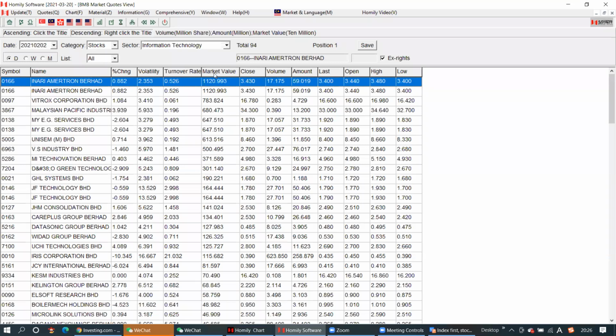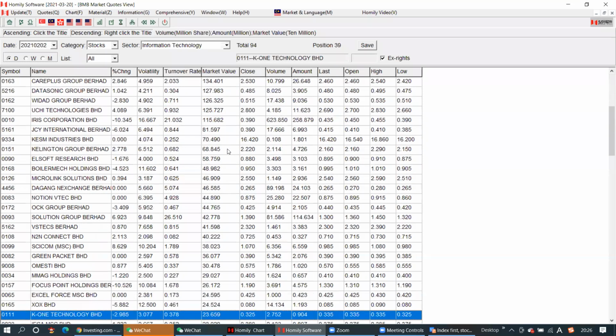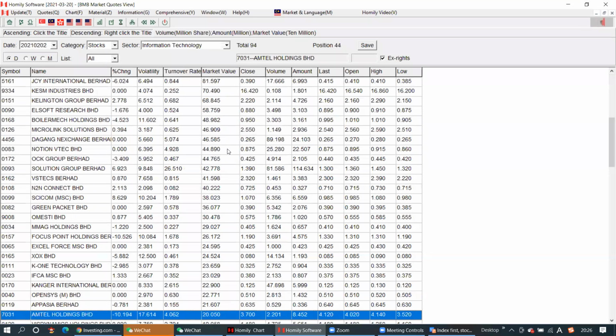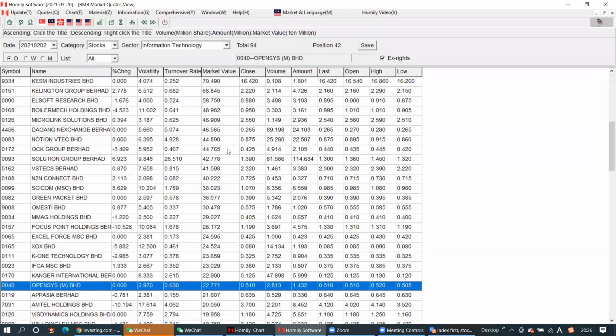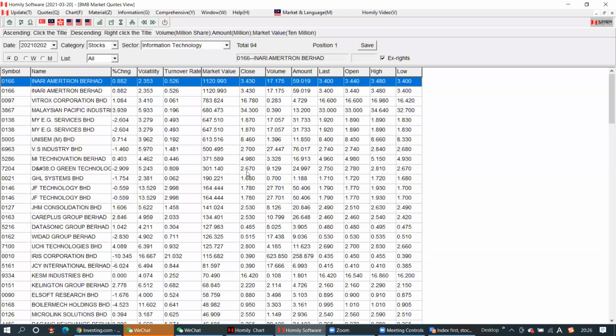So we can come here to find the market value. The one with the big market value, the big capital, always starts to go first, and then all the small brothers will follow. Okay, so this is one of the tips we can do.